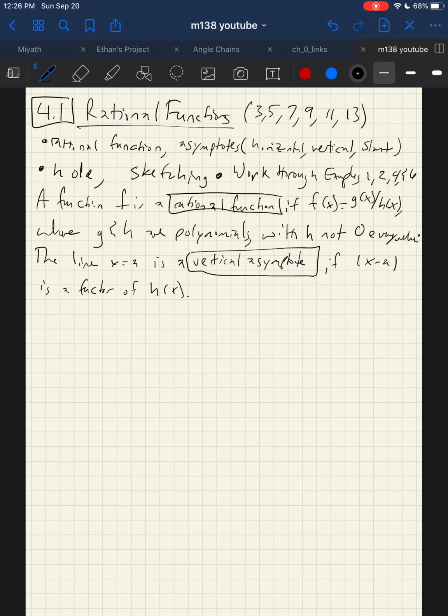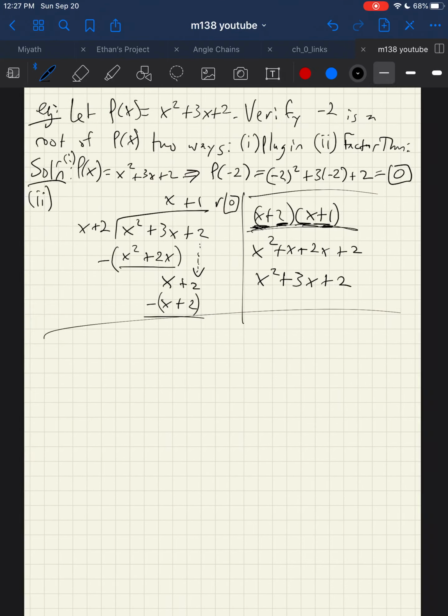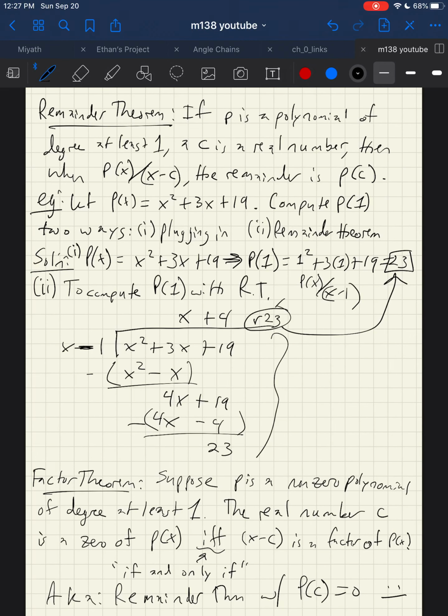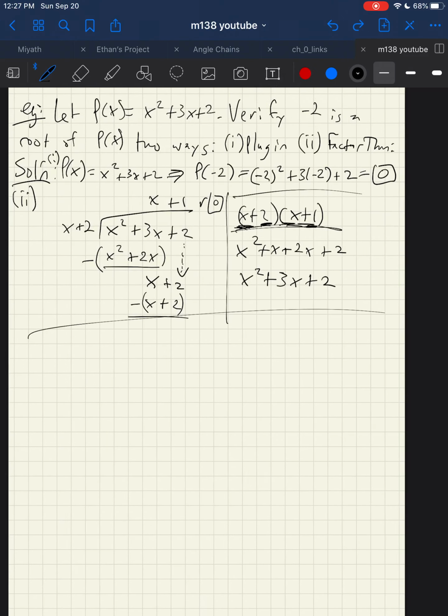This is kind of like, if x minus c is a factor of g of x, then c is a 0, right? That's because we did this in the previous section. If x minus c is a factor of a polynomial, then it's a 0.